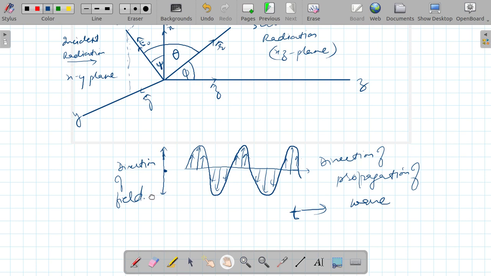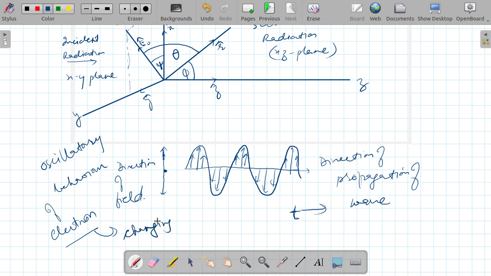So the particle shows oscillatory behavior, and because of this, its dipole moment will also change. This oscillatory behavior of the electron leads to a changing dipole moment. We will talk about it later when we do the derivations.